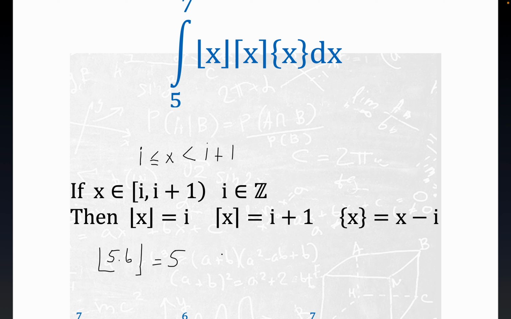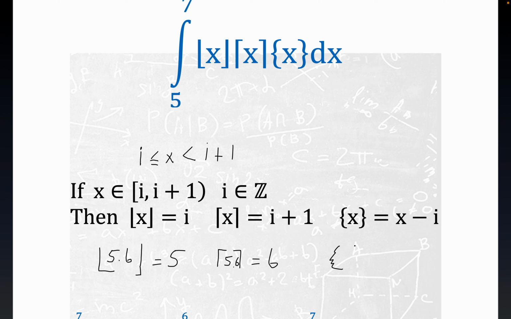In a similar fashion, the ceiling of 5.6 would be 6. 5.6 is between 5 and 6, and so the ceiling goes up to the next integer. And then finally the fractional part, which is a number between 0 and 1.